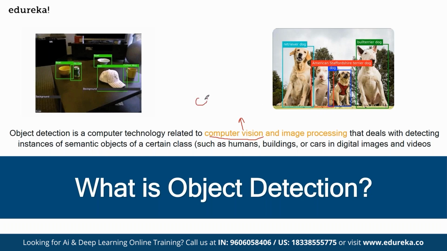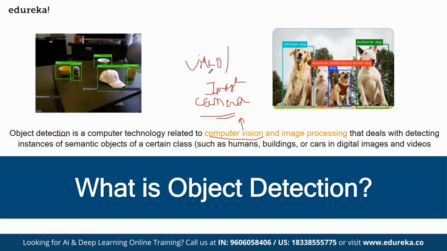Exactly. I can enable the computer to see the outside world with the help of a camera. So object detection is a computer technology related to computer vision where I'm enabling my system to see the outside world. And once it captures the outside data, it could be either video or images.